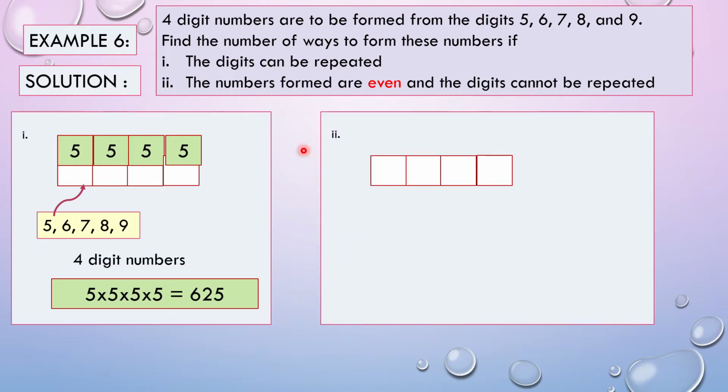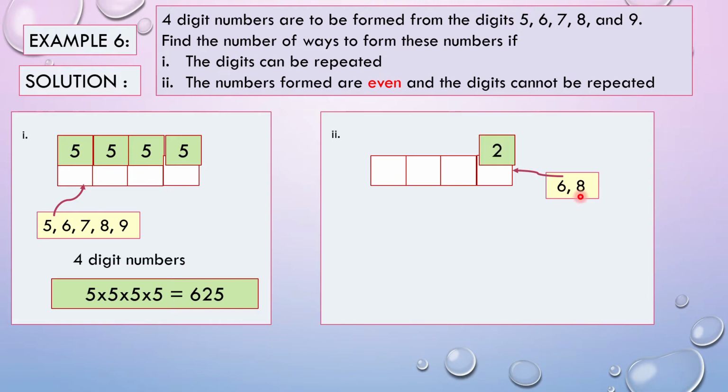Next question B. Now the numbers formed are even and the digits cannot be repeated. So here we want to form a 4-digit number, so prepare 4 boxes. In order to form an even number, it depends on the last box. The numbers that we can put in the last box are 6 and 8.